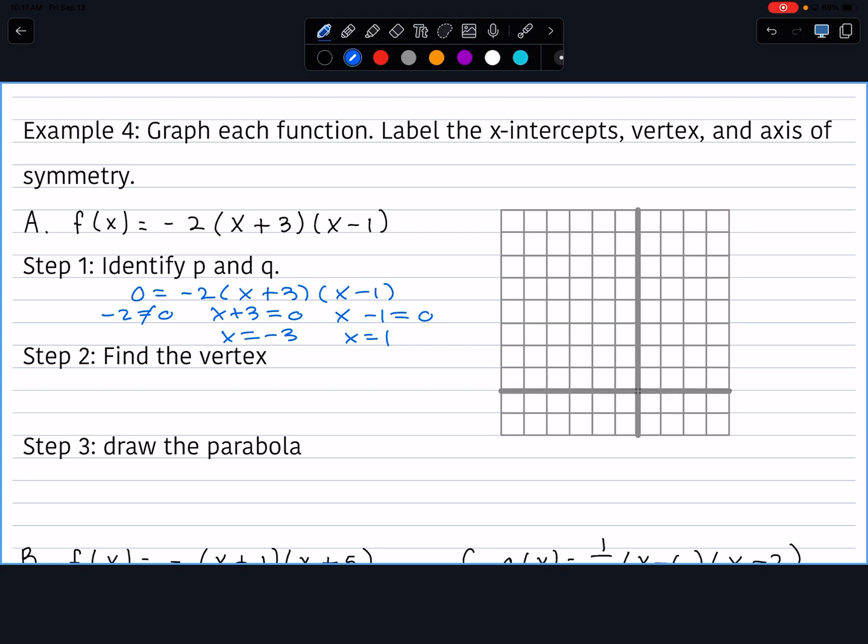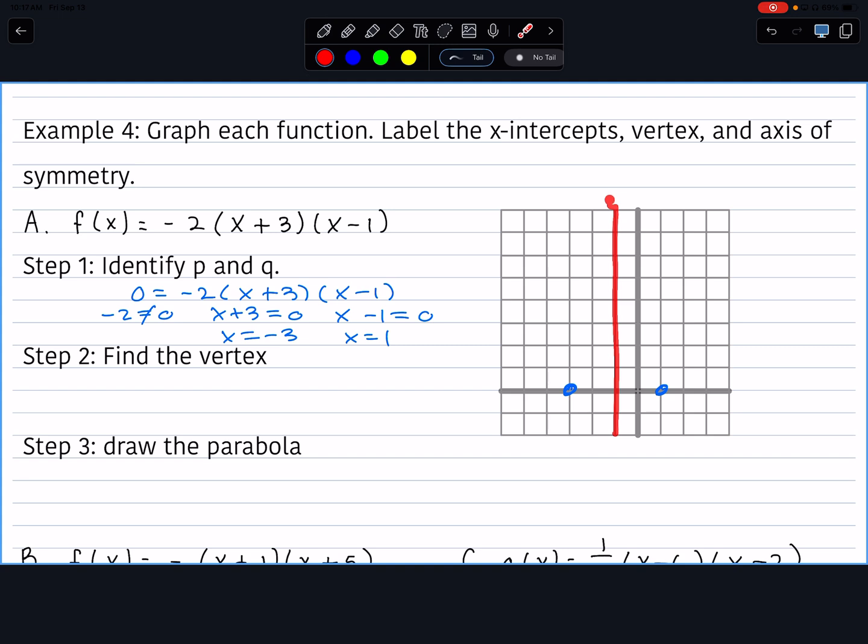This tells us where the graph crosses the x-axis. So we have x-intercepts at -3 and 1. I want to remind you, the axis of symmetry is always going to split your graph right down the middle. Would you guys agree my red line right now is right down the middle between those 2 points? That's going to be my axis of symmetry. That's the x-coordinate of the vertex. So -1 is the x-coordinate of my vertex.